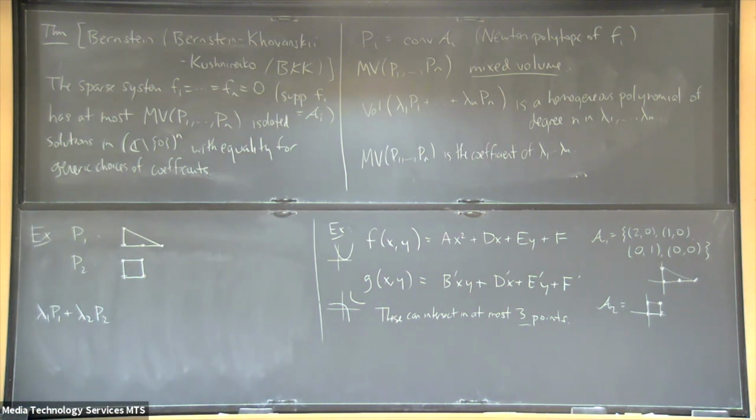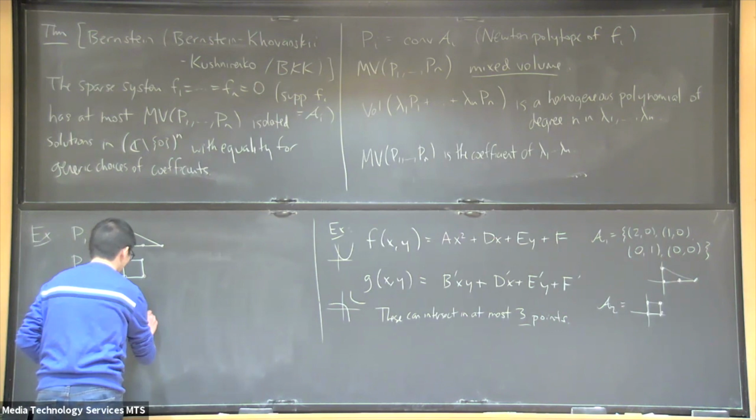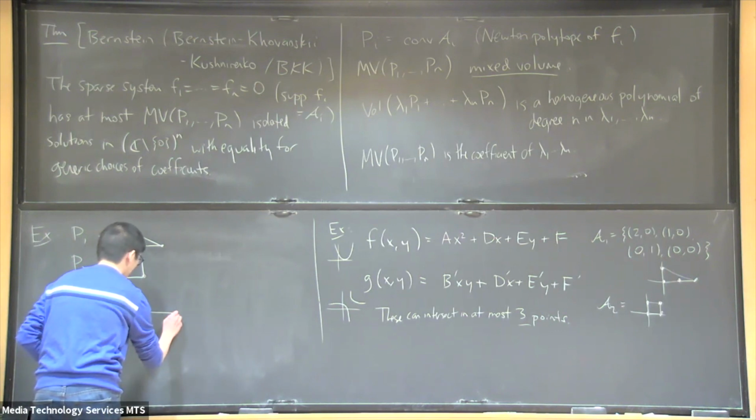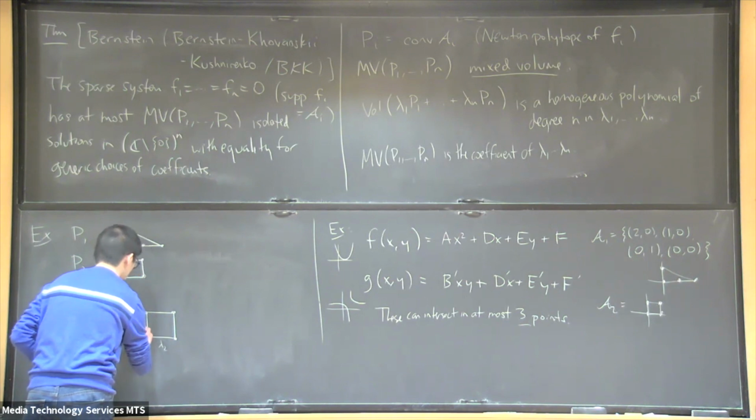So how do I do this? First I scale up P1 by lambda 1, and I scale up P2 by lambda 2. Since it's a square, that's easier, so let me scale up P2 first. I'll get just a bigger square of side length lambda 2.